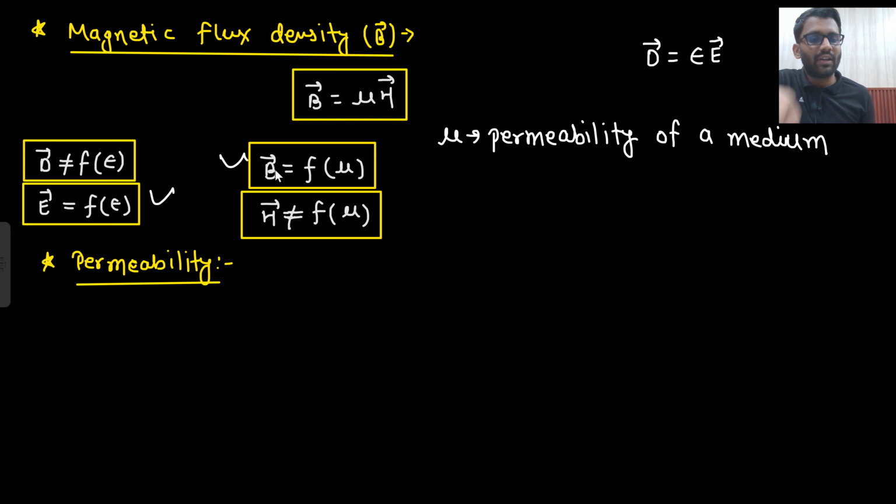In 12th class we called B the magnetic field, which was wrong; it should be called magnetic flux density. And E was electric field intensity, which was correct. Magnetic field intensity is H, but since it does not depend on the medium, it is not measurable, which is why it was not taught in 12th class.